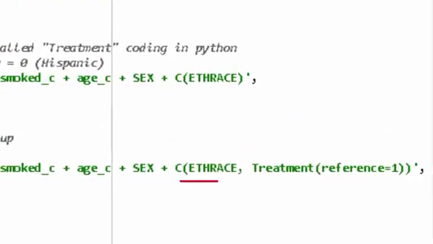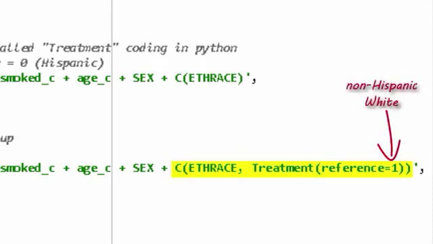We do this by adding a comma after the name of our eth-race variable in parentheses, then treatment with a capital T, and then within another set of parentheses, reference equals 1. This additional Python code provides a comparison of the 3 other ethnicity race groups to the non-Hispanic white group.